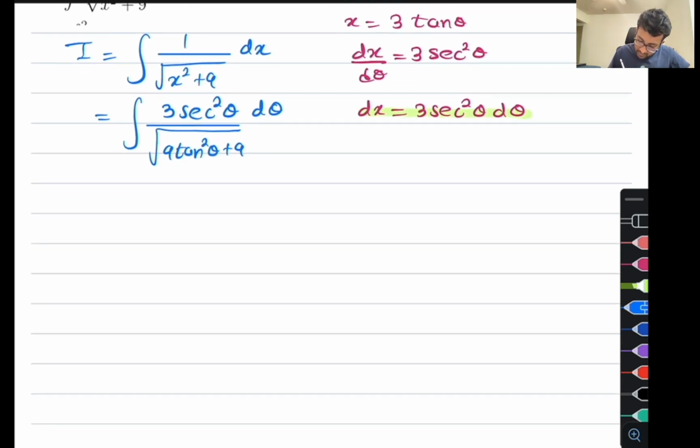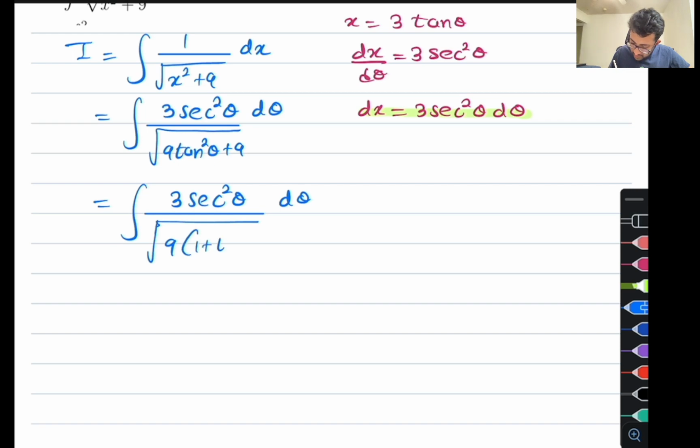Okay, so I would get the integral of 3 secant squared theta d theta divided by square root of 9 times (1 plus tangent squared theta).